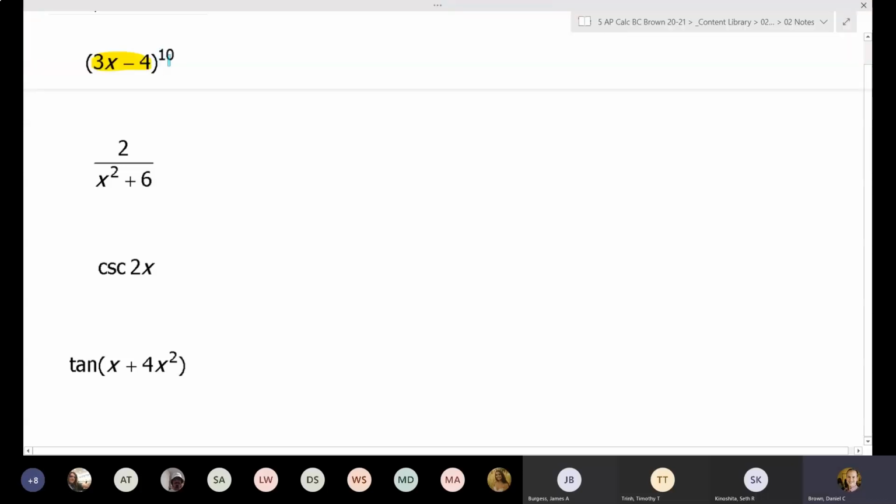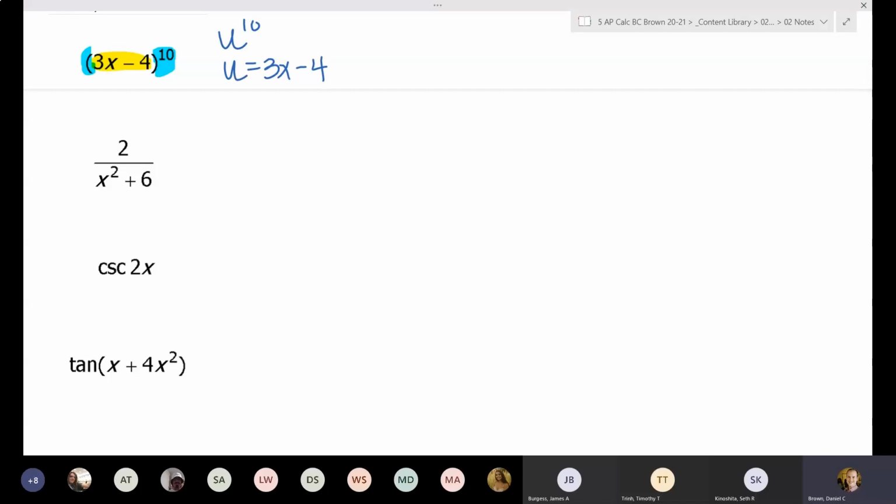And that is inside of what's on the outside function, which is basically something to the 10th power. So the outside function is something to the 10th power, and whatever that something is represents our inside function. I'm just going to use the variable u to represent the inside portion of the function.